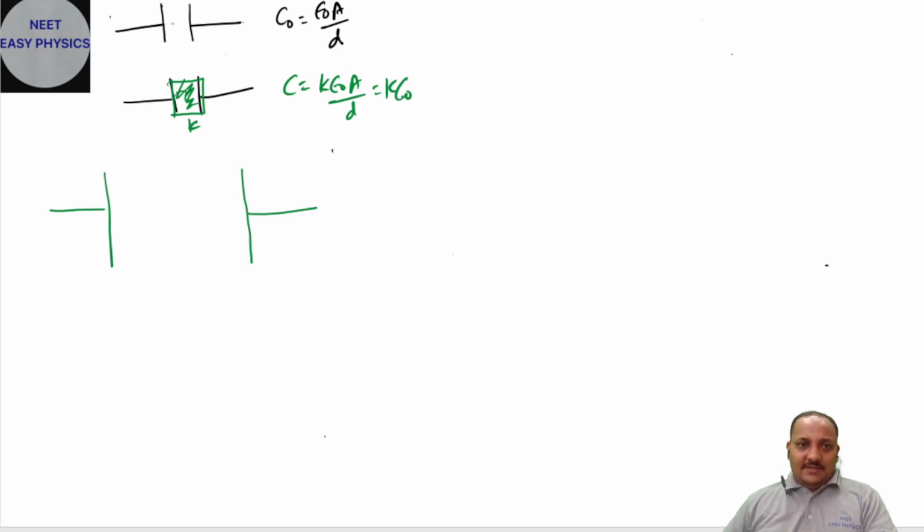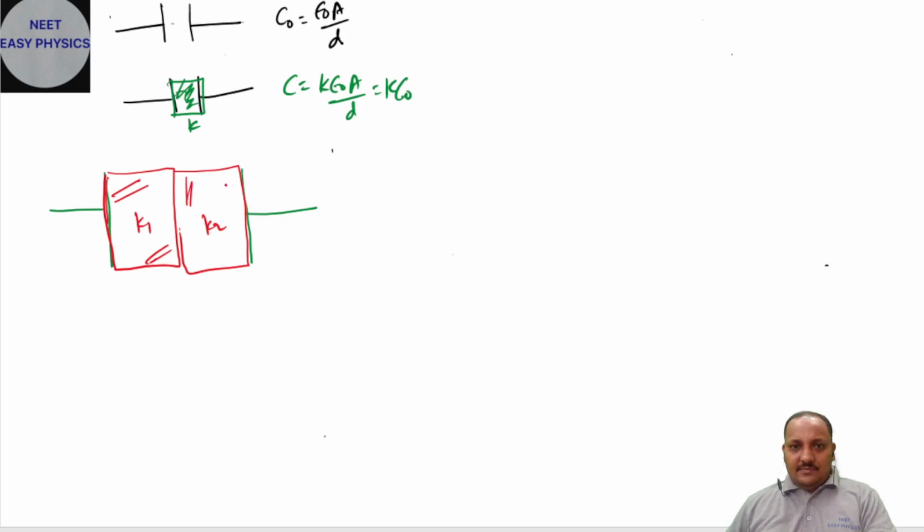This is a parallel plate capacitor. In between, I am taking two dielectrics. One is K1, another one is K2, between A and B. Now, if you observe, the area of the plate is going to be A, and the separation is going to be D by 2, D by 2.